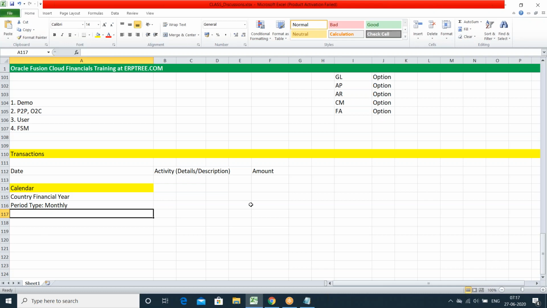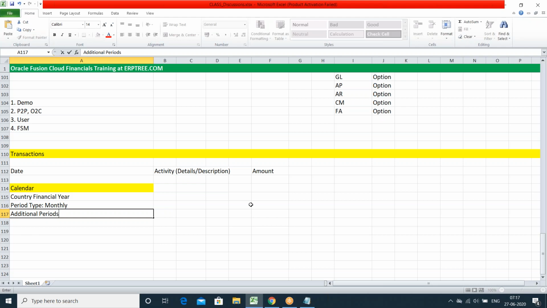Even if you are going to use period type as monthly, you can create more than 12 periods. That means we can create additional periods. Monthly means 12 per year, for any country's financial year. But in the system, we have the flexibility of creating more than 12.